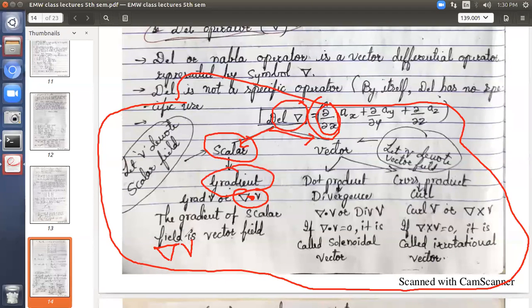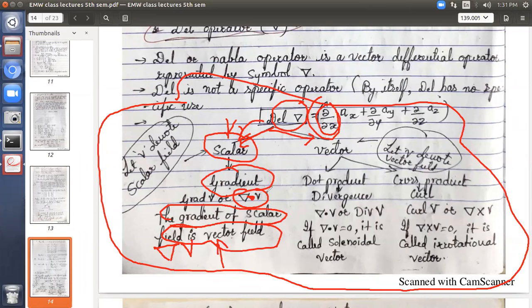This is called gradient. Del operator applied on a scalar, we call it gradient. And when we apply this gradient on a scalar, the answer we get is a vector field. Application is on a scalar, but the answer we get is a vector.